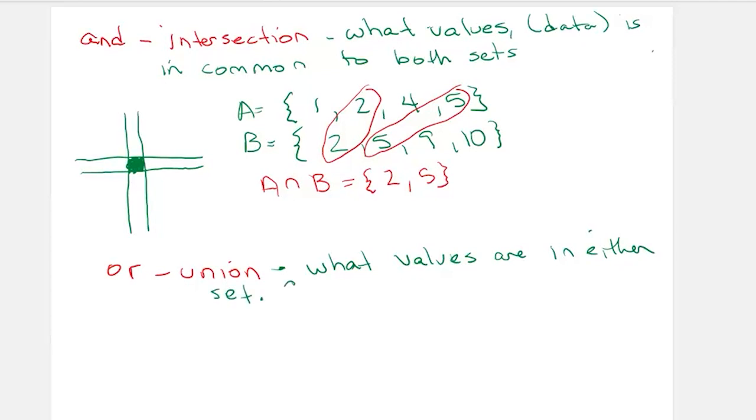Or we could say we combine all values. We're going to combine everything together, even if they don't overlap, it doesn't really matter. It's the combination of every value that's either in one set or the other set.